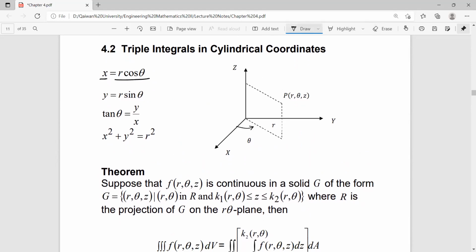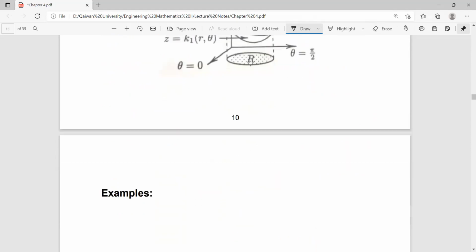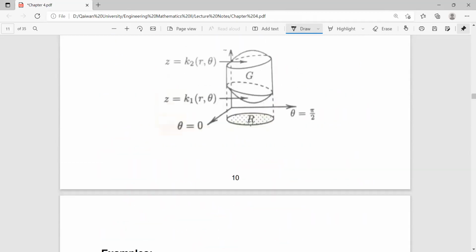we replace each x by r cosine theta and y by r sine theta. And we say tan theta equals y over x. If we have the term x squared plus y squared, we replace it by r squared. And the same as the previous one, vertically and on the other side also.